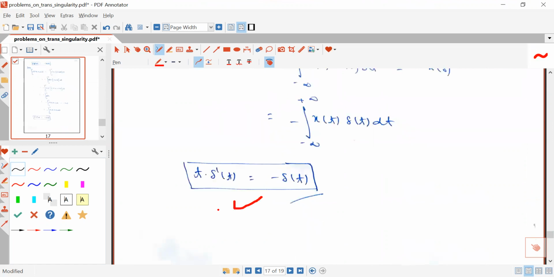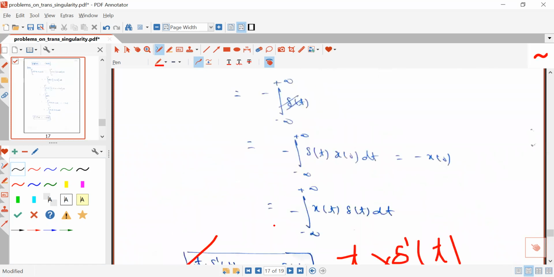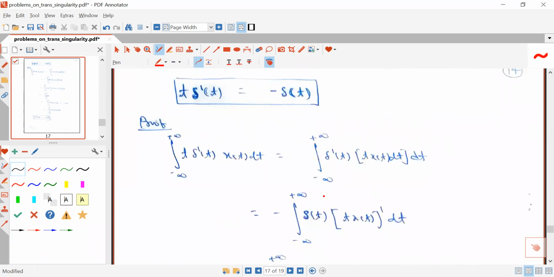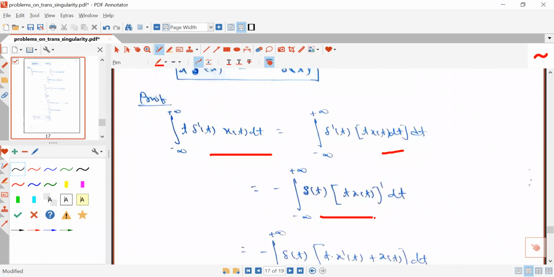You have to remember, when you multiply the differential of the impulse signal with t, you will get the negative value of this. The proof of this expression is also very easy. Just go through this PDF file, and you can understand it.